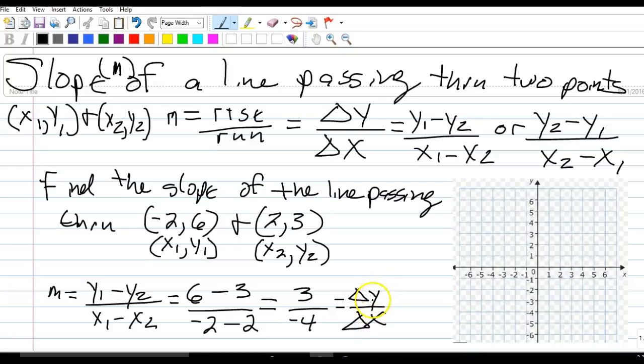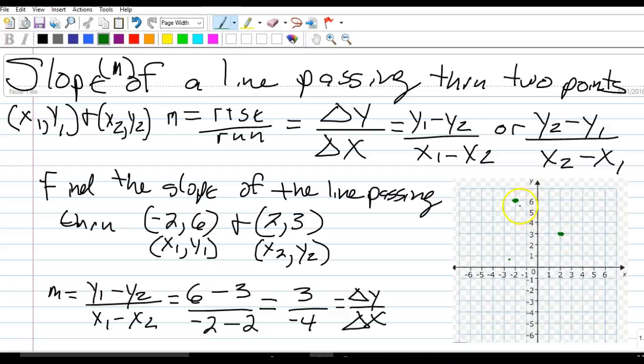Now let's see what's going on geometrically, how to interpret that. So let me change colors. Let's plot these ordered pairs. Negative 2, 6 would be here, and 2, 3 would be here.